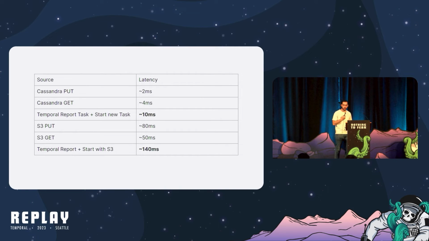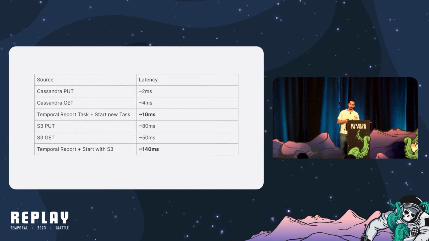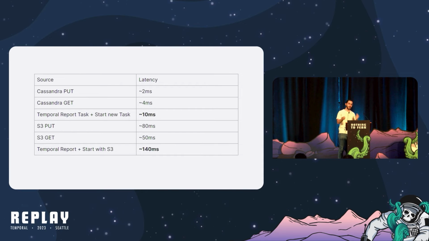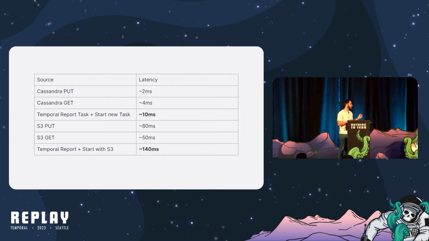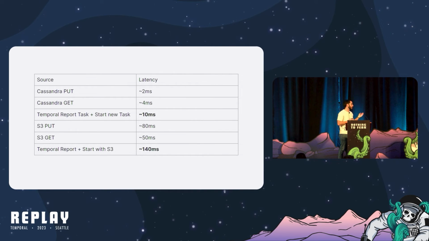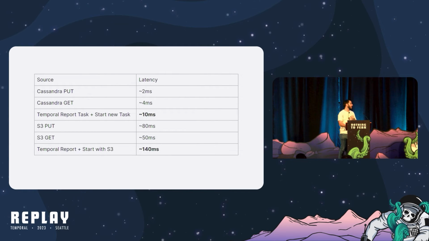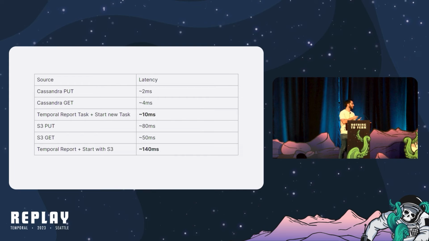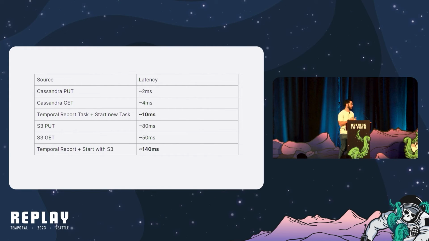These are some of the numbers for where we accrued latency for every single activity that we scheduled and finished. The actual Cassandra there was super fast. It was under 5 milliseconds for each action. Temporal was also quite fast. The action of reporting an activity as completed, and then a worker putting the next activity was around 10 milliseconds, which is very negligible.